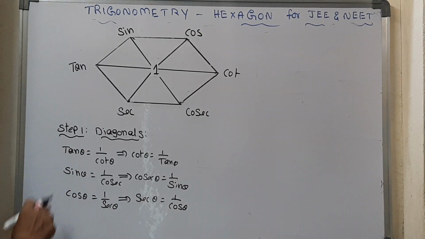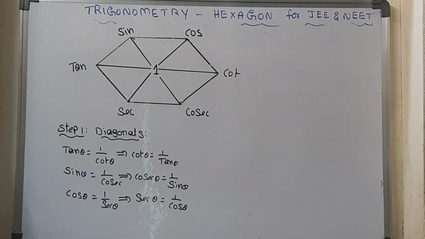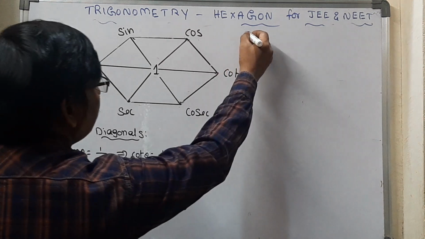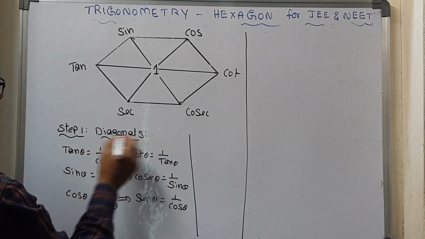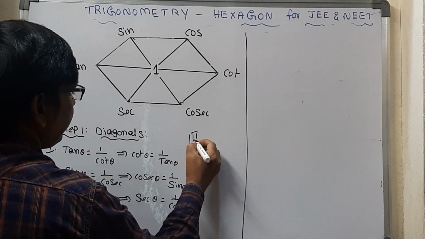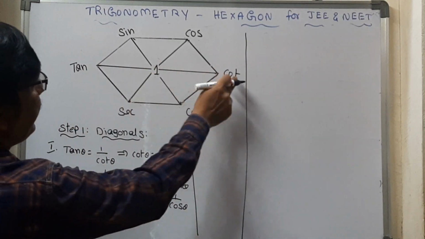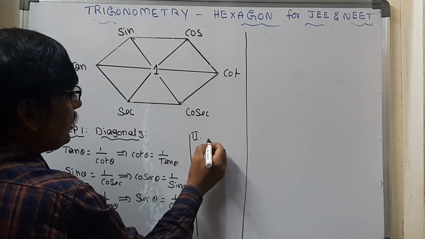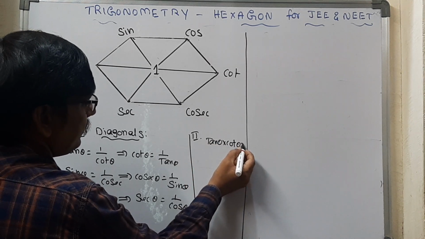This is one step we have taken for diagonals. So opposite diagonals are reciprocal in nature. Now the second part in the diagonals: multiply those two opposite diagonals. So tan theta into cot theta, all the time you will get 1.